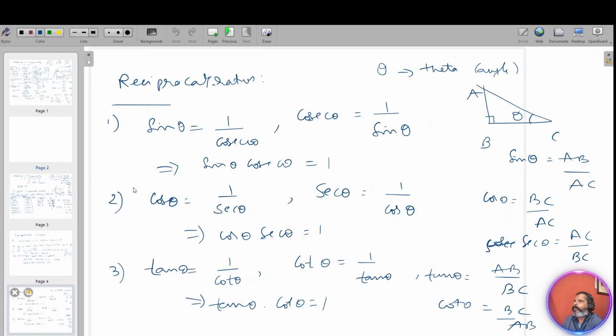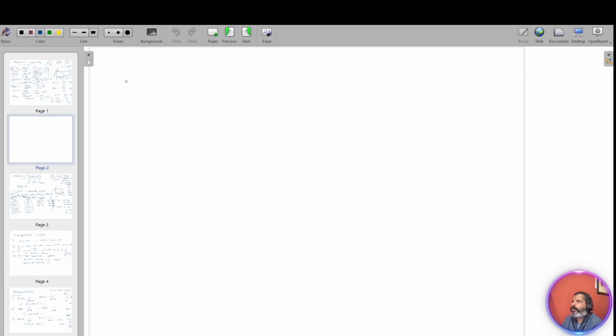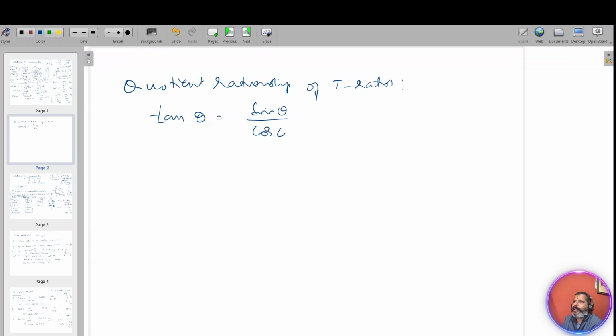We'll see now the quotient relationship of T ratios. So we just saw tan theta is equal to sin theta by cos theta.